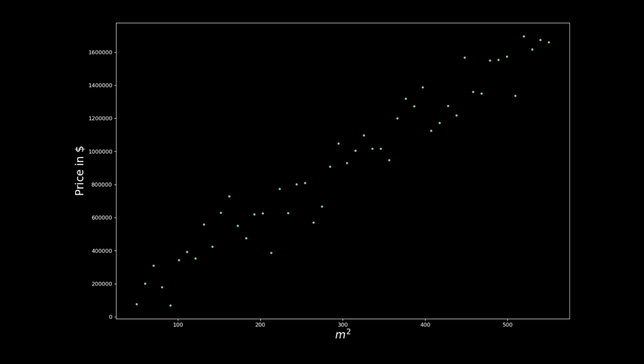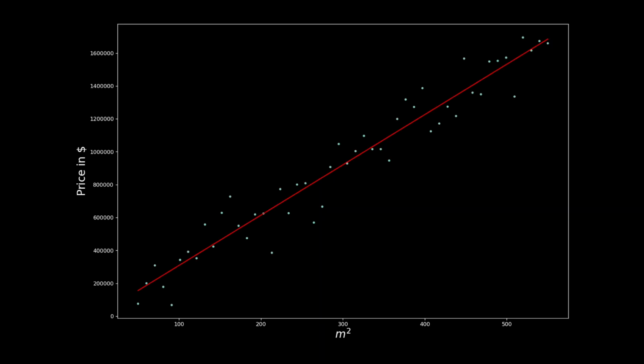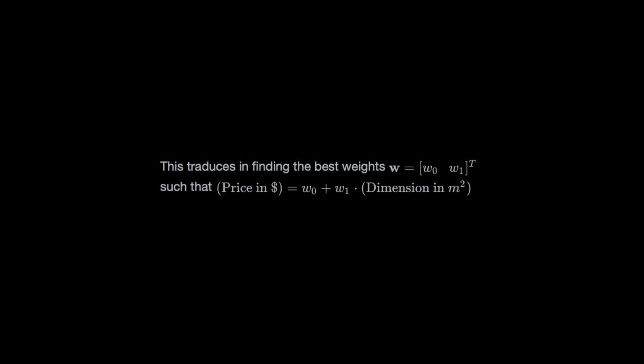Here we can visualize a bunch of points belonging to such dataset. Our goal is to find the line that best explains our data. This translates in finding the best weights W such that the price is W0 plus W1 times the dimension.